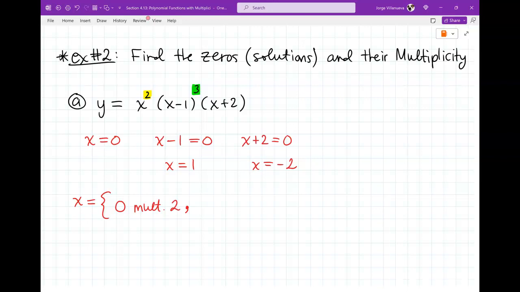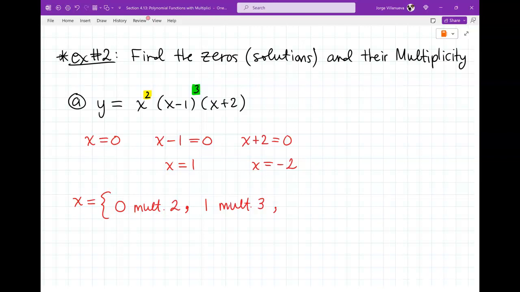Okay? So when I write my next answer of 1, what's the multiplicity on that one? 3, because the answer of 1 came from here. This came from the x minus 1, and the power is a 3. So it has multiplicity 3. We could also say that it has odd multiplicity. Now, why would I want to know that it's odd?